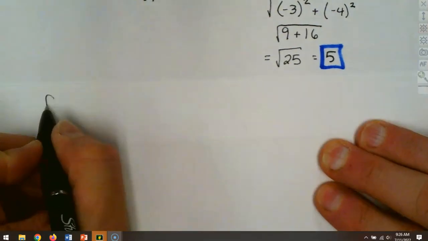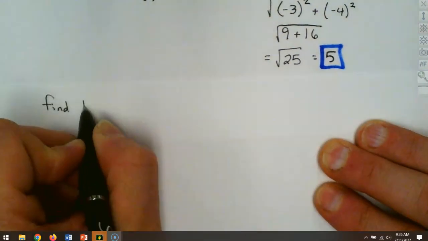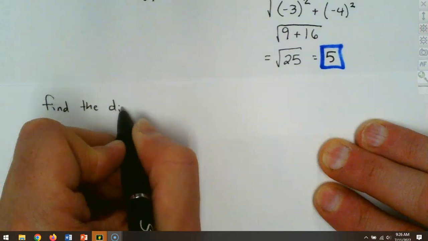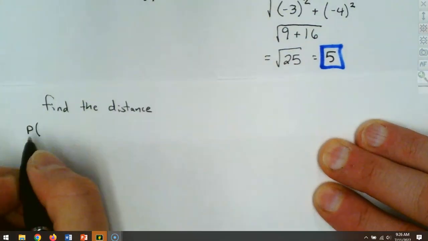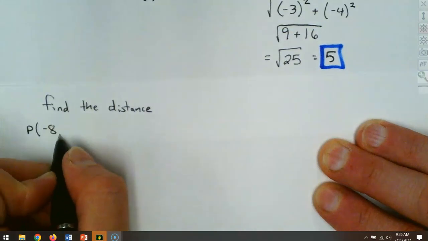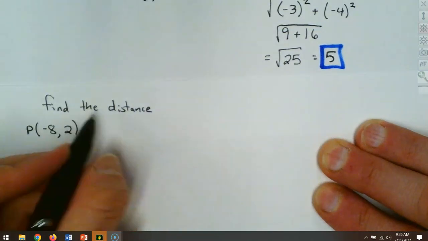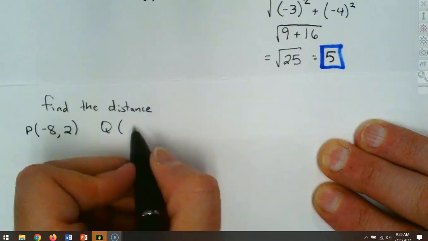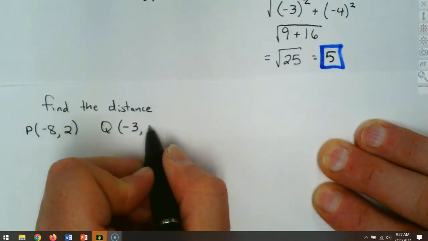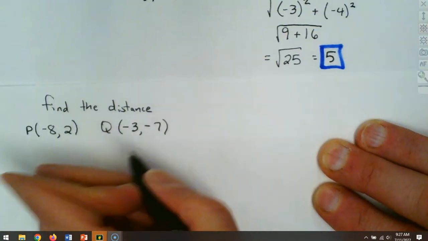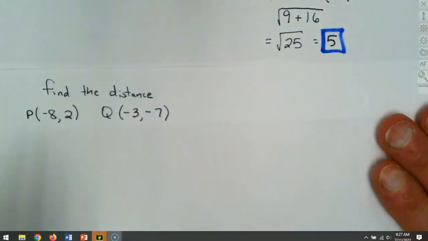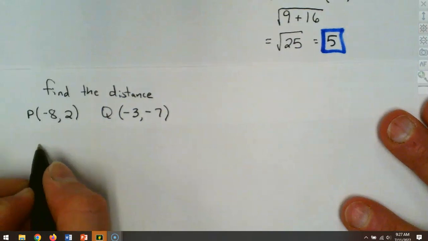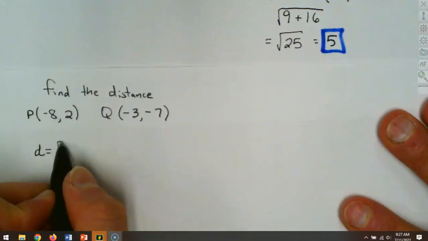So let's find the distance again. And let's say we've got P of minus 8, 2, and Q is minus 3, minus 7. So let's write up our formula.